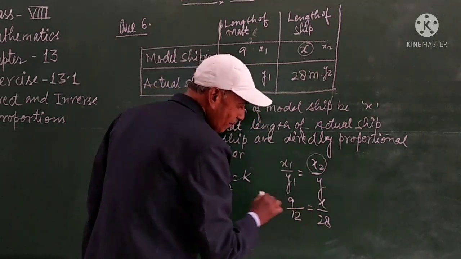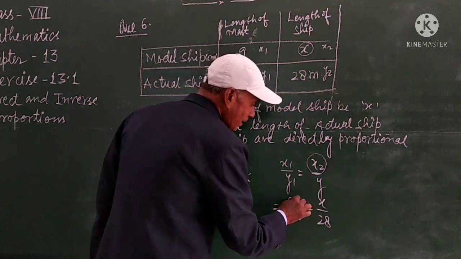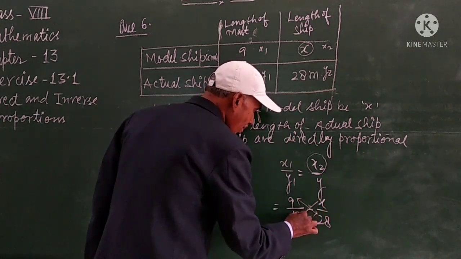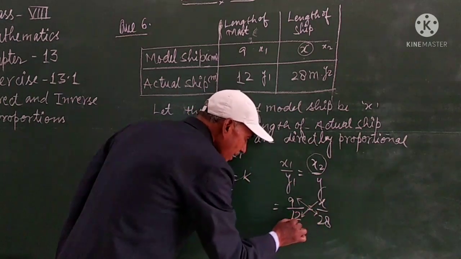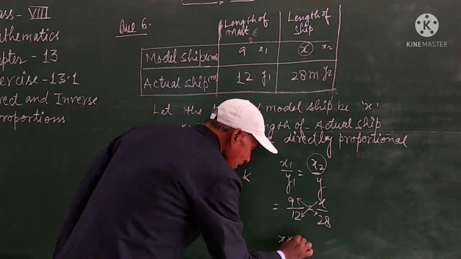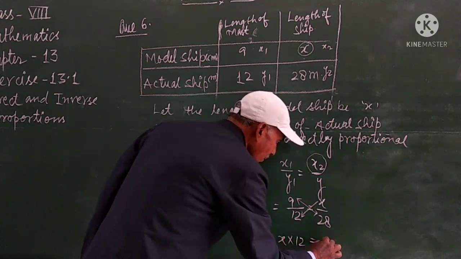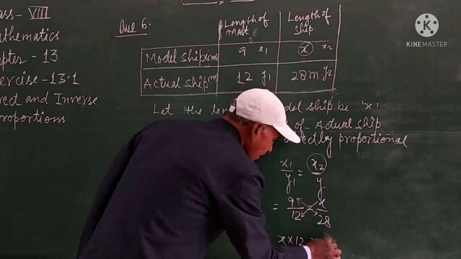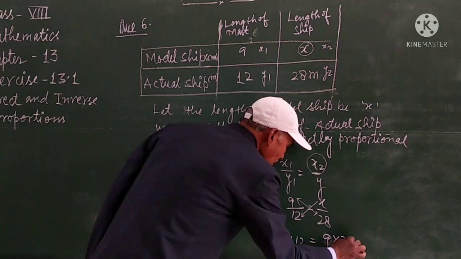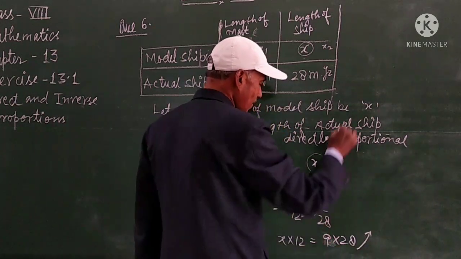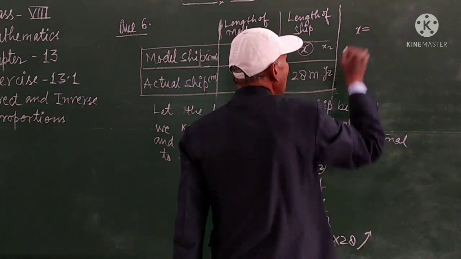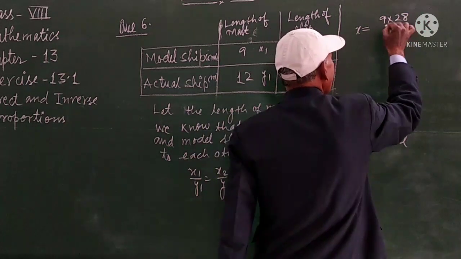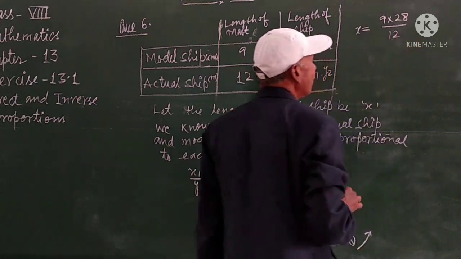So in this step we have to do cross multiplication, student. So x into 12 is equal to 9 into 28. This will be x is equal to 9 into 28 divided by 12.